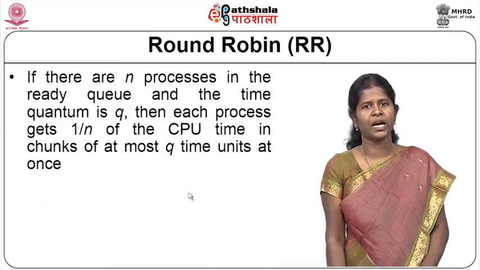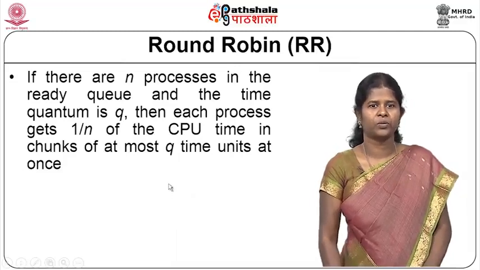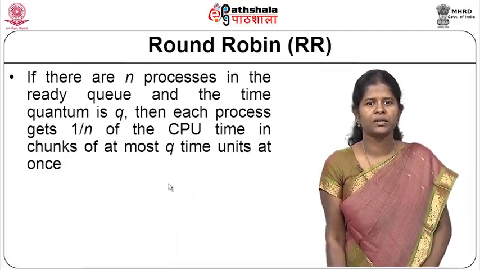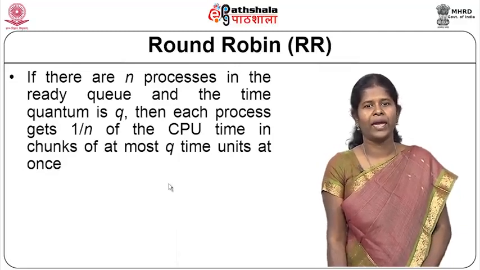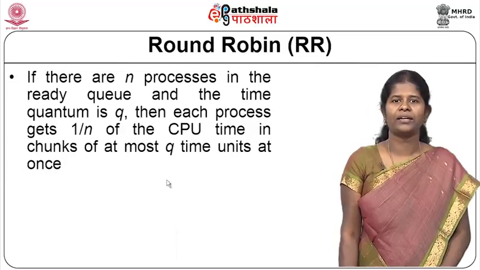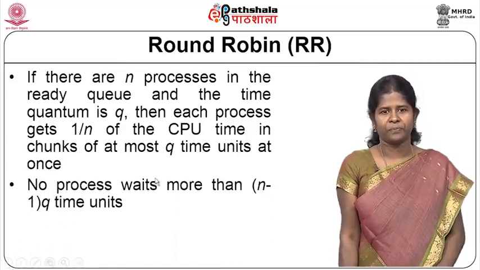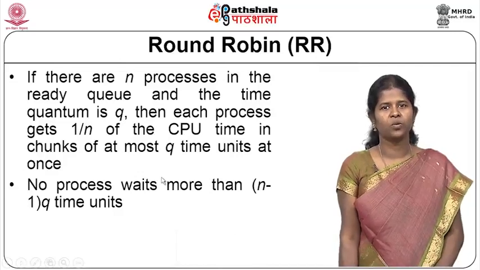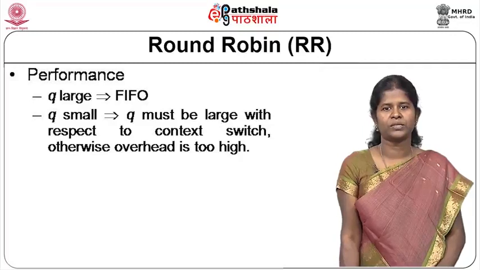And you can see here that in a round robin system, if there are n processes in the ready queue and the time quantum is q, then each process will get 1/n of the CPU time in chunks of at most q time units at one particular time. And no process will wait more than (n-1) × q time units.